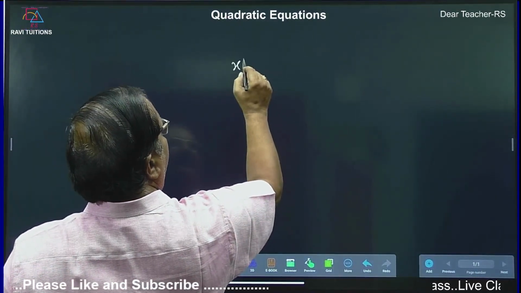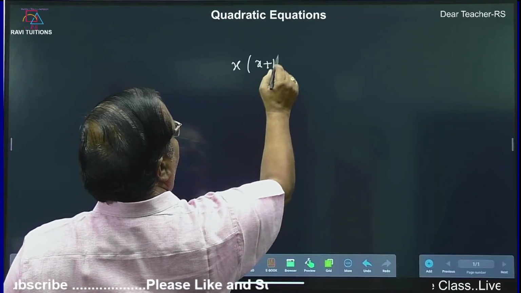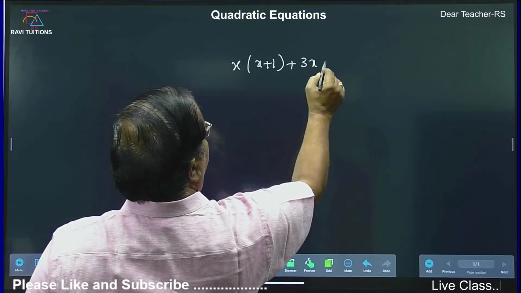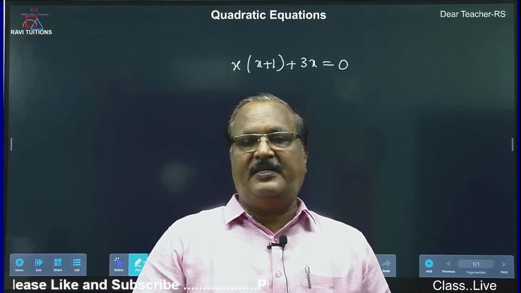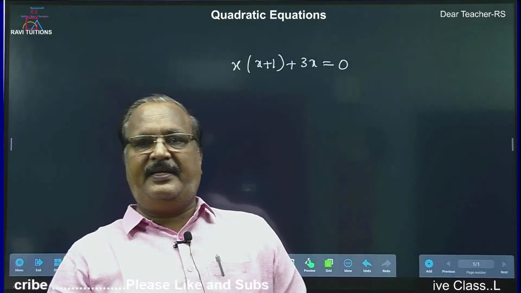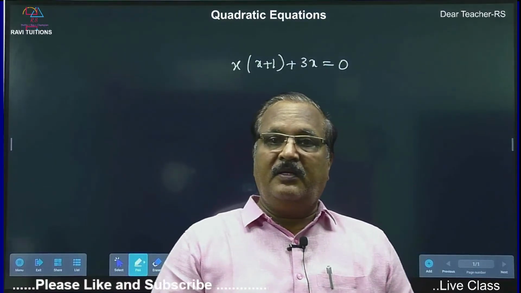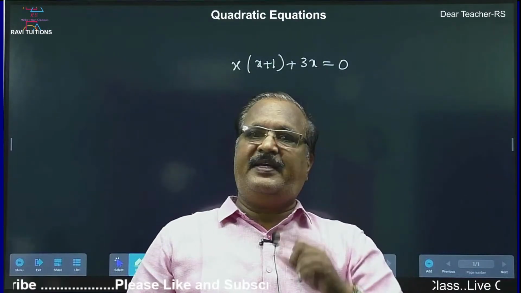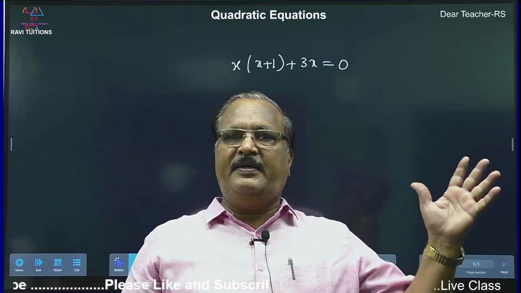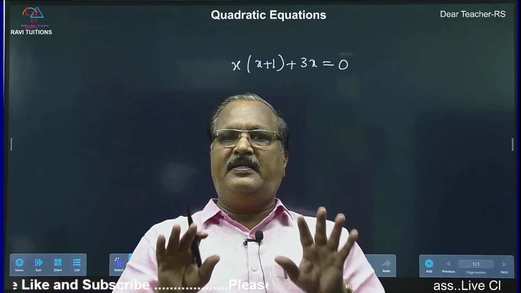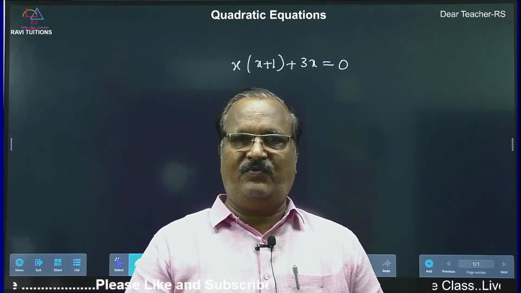x into x plus 1, plus 3x is equal to 0. This is an equation, the equal to symbol is there. To know whether this is a quadratic equation or not, how to know? It is very simple: simplify it, bring all the terms to one side and put them in the standard form.